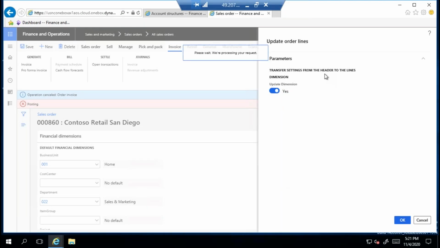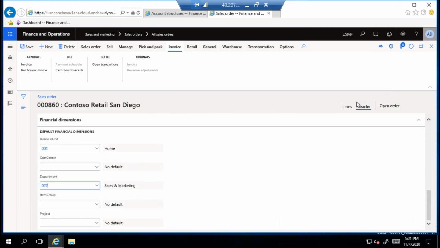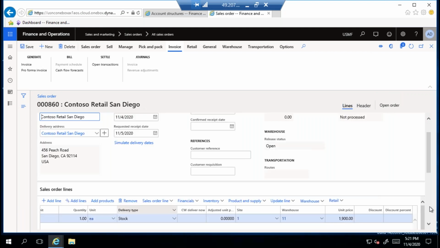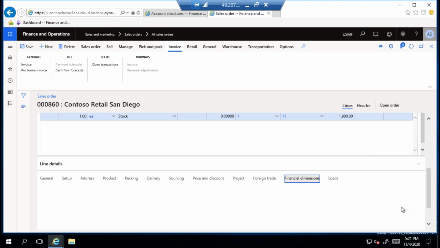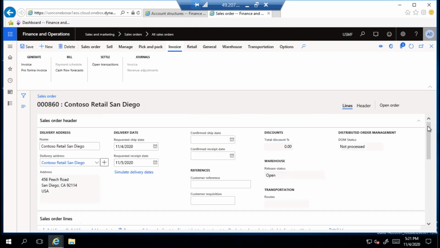It is telling that you want to update the line level also. Yes, I'm clicking OK. Now if I go to line details, in the line details downside, you will find financial dimensions. It is updated with business unit and department. If you want, you can change business unit and department at the line level also.